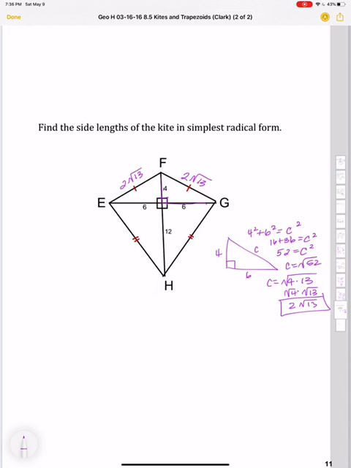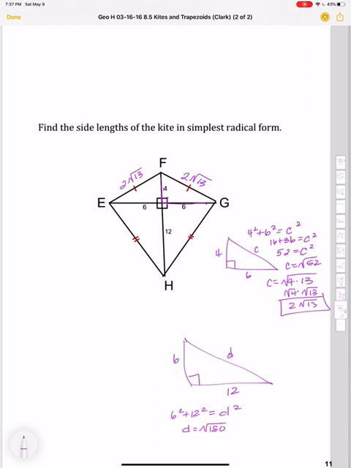And then we've got another one that is 12 and 6. We need to make this d. So then we have 6 squared plus 12 squared equals d squared. So 6 squared plus 12 squared is 180. So d equals the square root of 180.